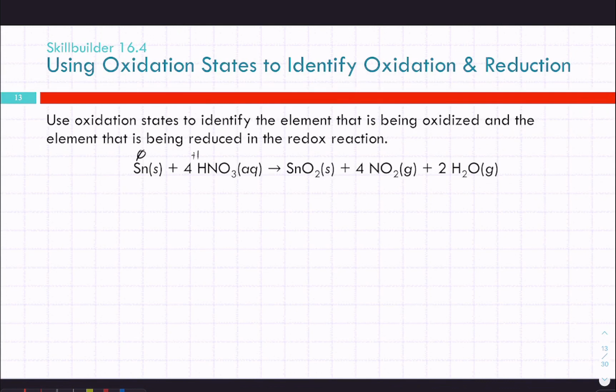Nitrogen, well, let's do this for right, because this is nitrate. So if this has to equal a -1, we have 3 oxygens, which are all -2. So again, that's -6. So nitrogen must be a +5. So nitrogen is +5, oxygen is -2.